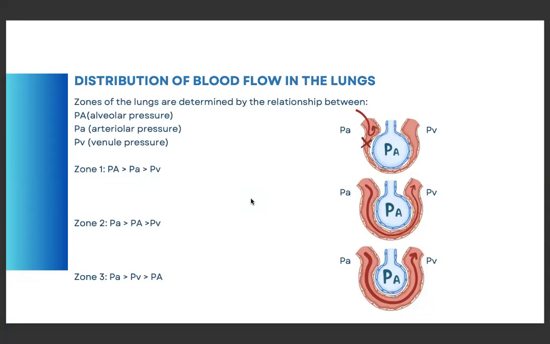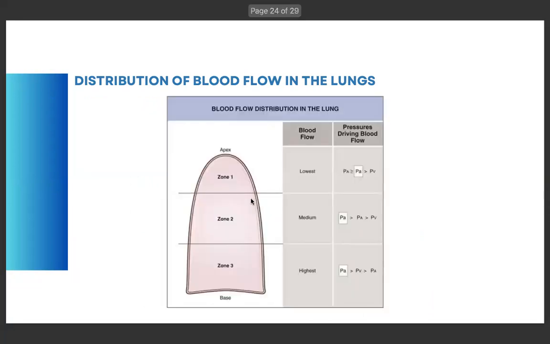You can see in the diagram, both the arteriolar side and the venule side are completely collapsed due to the really high pressure within the alveoli in relationship to these vessels. So here you can see everything that we just mentioned on a more gross level. Blood flow in zone 3 is the highest, and in zone 1 is the lowest. And that's basically what you need to pick up from this diagram.